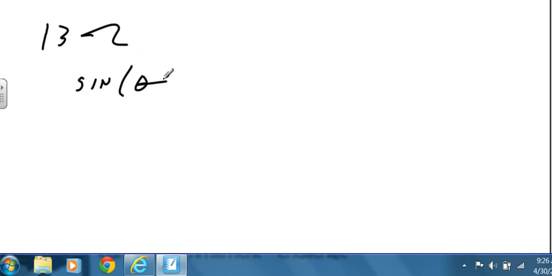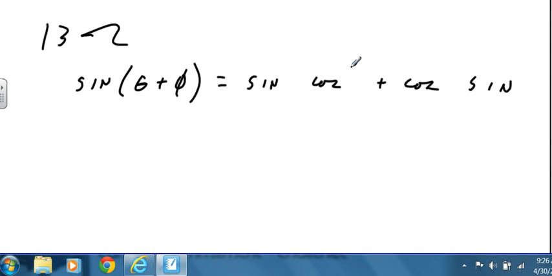Sine of theta plus phi. Okay, sine of theta plus phi: sine, cosine plus cosine, sine. Sine, cosine plus cosine, sine. Theta, phi. Theta, phi.